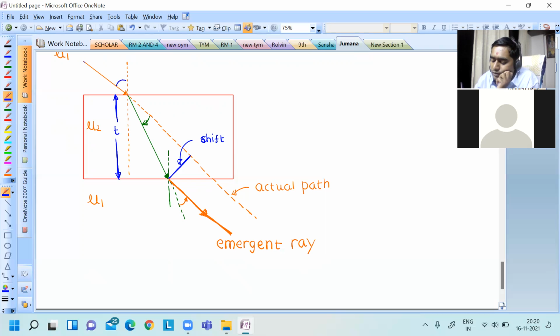This is your actual angle of incidence, and this is your angle of refraction to the normal. This shift is denoted as x, or you can denote it by any other letter. This shift is equal to t times sine of i minus r over cos r, where t is the thickness of the glass slab we are using.